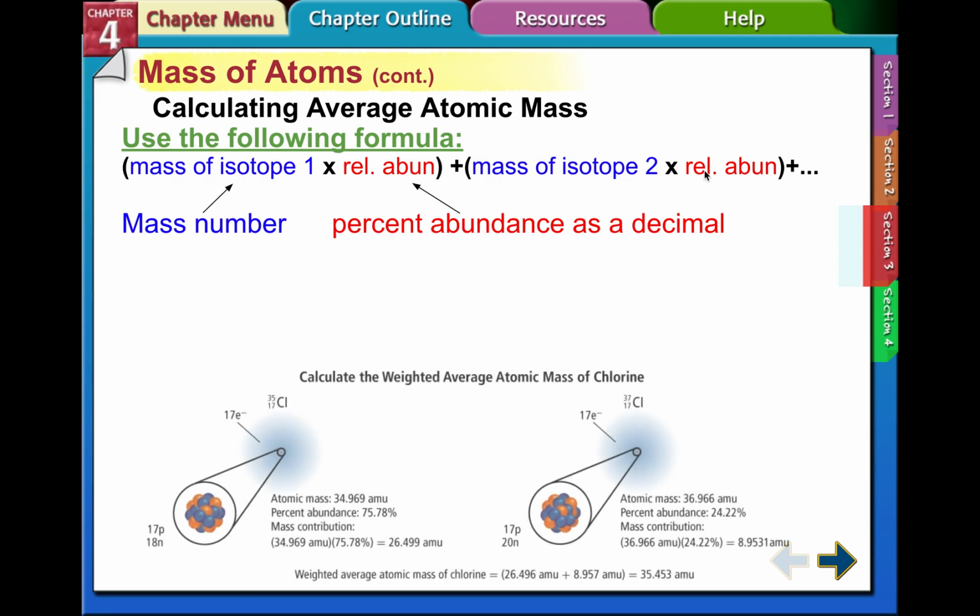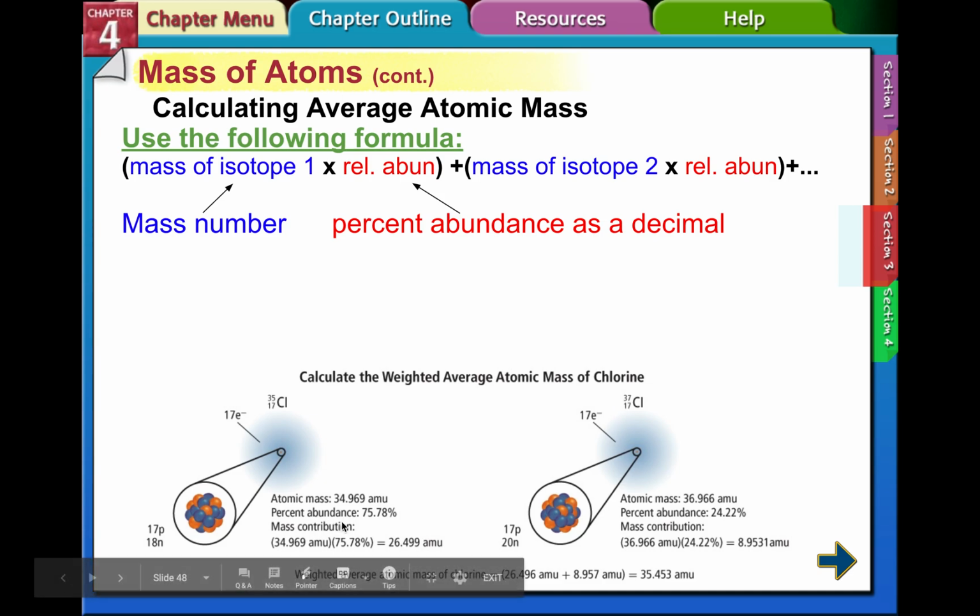So if we take that previous example of chlorine 35 and chlorine 37, chlorine 35 is occurring 75.78% of the time. Chlorine 37 is occurring 24.22% of the time. So we're going to plug this into our formula to calculate the average atomic mass for chlorine.